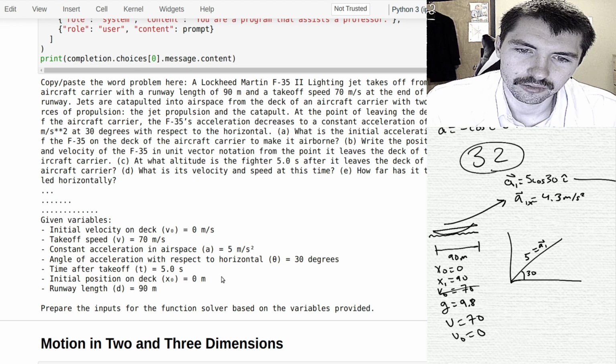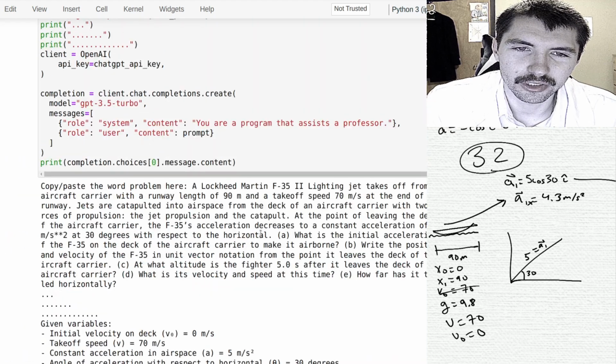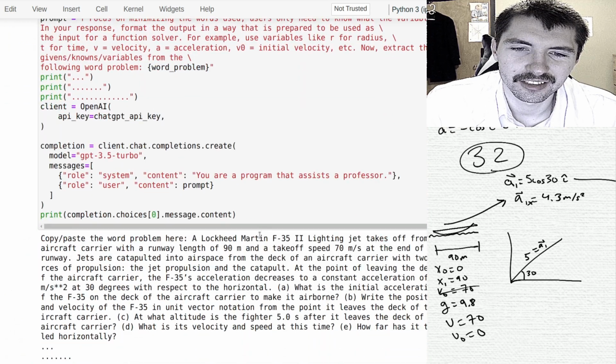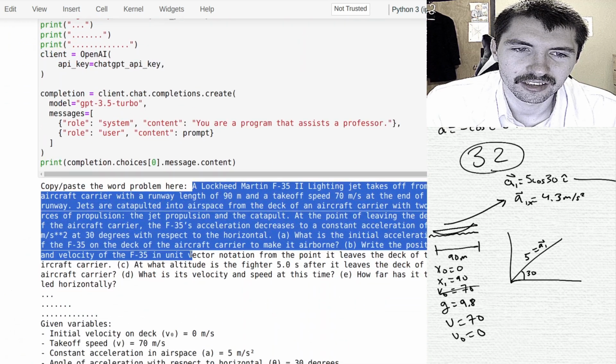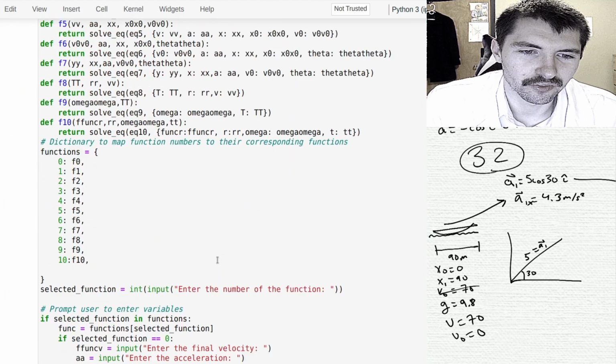Oh, did it say that? It does, later in the problem. Okay. Maybe I should ask it to suggest a function.